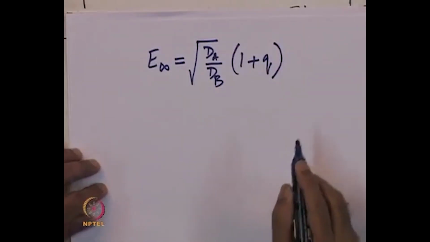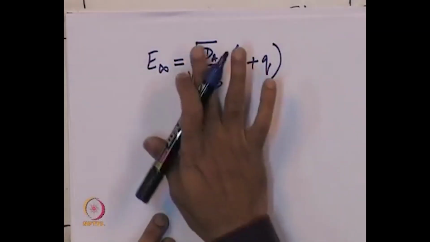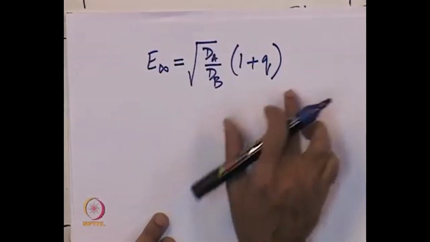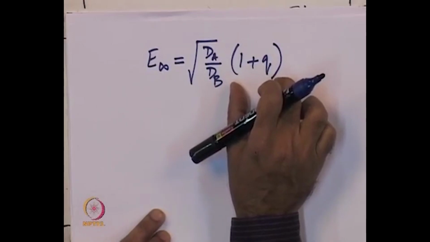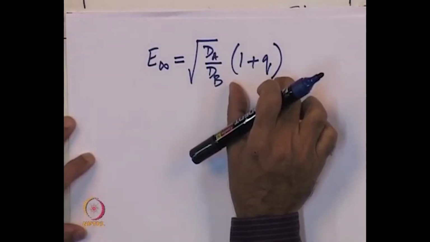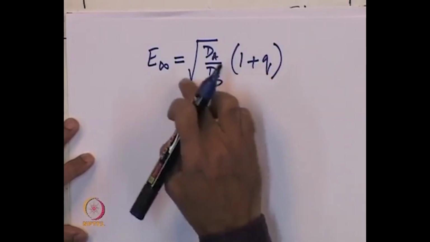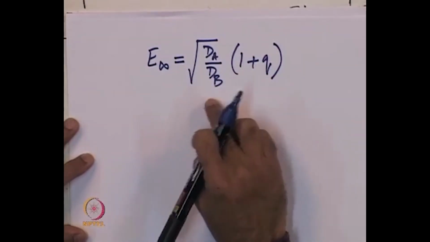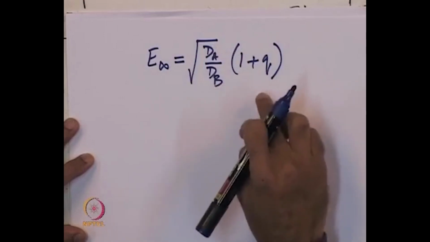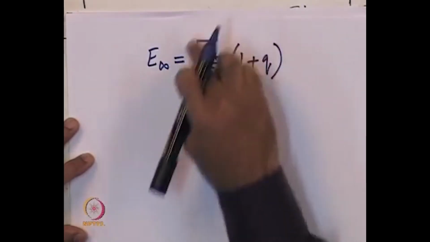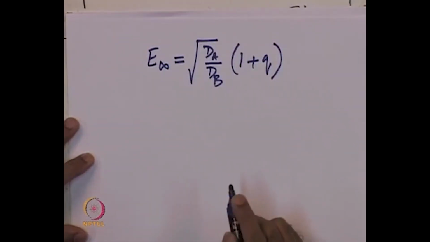And if you recall that without this diffusivity function, what remains was the enhancement factor predicted in the instantaneous reaction regime by the film theory. So, the factor that distinguishes the surface renewal theory expression from the film theory expression is just this factor, square root of the diffusivity ratio.